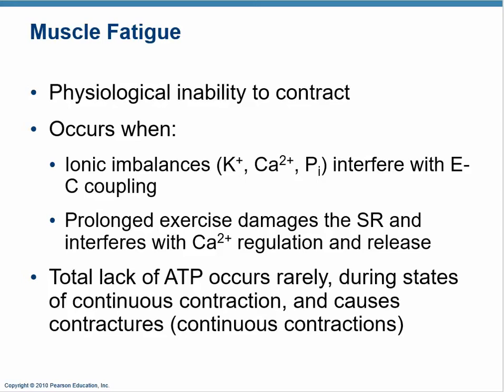But really, it is a relative lack of ATP. Now, you don't normally get a total lack of ATP. That happens with continuous contraction, and that's called rigor. It happens when you're dead, or it sometimes happens with things like writer's cramp. That's after continuous contraction, you just completely run out of ATP. It happens when there's no longer anything to oxidize and there's no longer any oxygen.